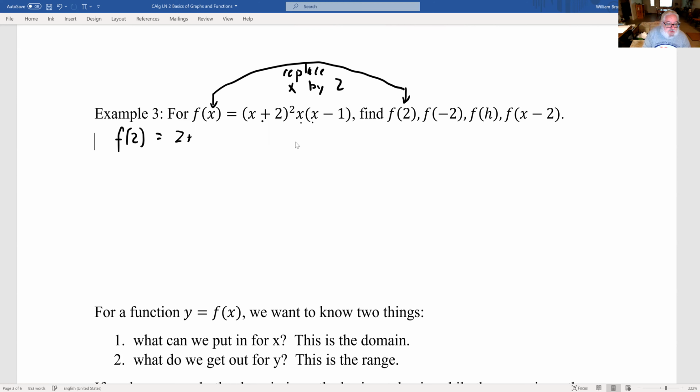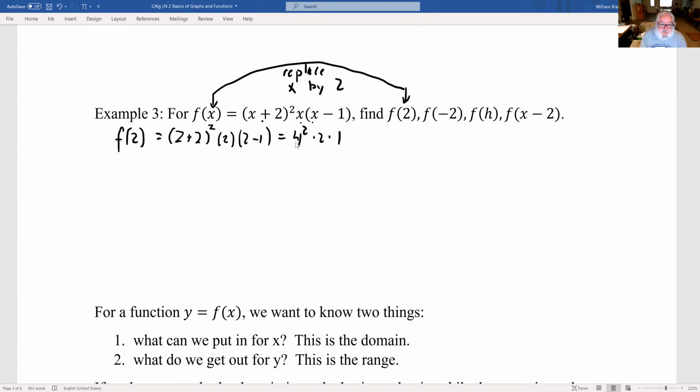So it'll be 2 plus 2 quantity squared times 2 minus 1. And if we follow PEMDAS, we have 2 plus 2 is 4, times 2 minus 1, because we do everything in the parentheses first.